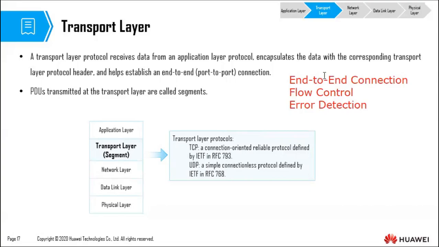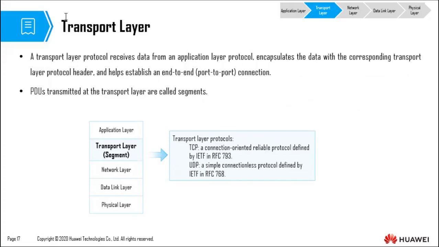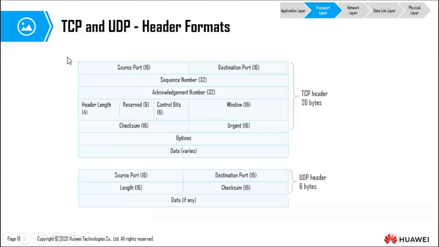Error detection: if we've lost a segment, we're able to retransmit it. Flow control is to control the speed of communication, okay? End-to-end connection is through the port numbers. So that is what the transport layer does.